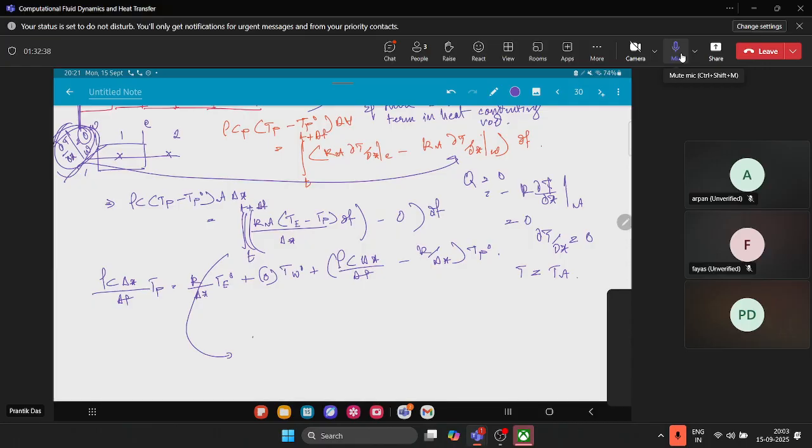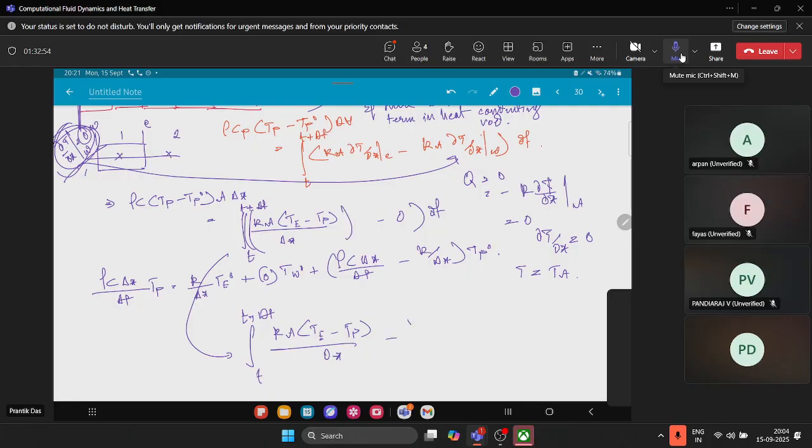It becomes the integral t to t plus delta t, and this k (Te minus Tp) divided by delta x, and this dt actually lies outside, so you don't have to write it here, minus k (Tp minus Tw) divided by delta x divided by 2.